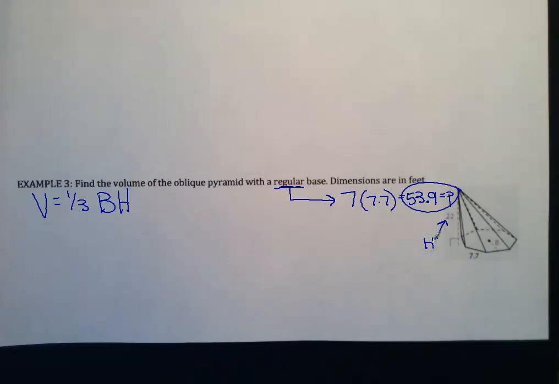But what about the area of our base? That's where we always have to go back to. Base equals 1/2 apothem P. So the area of our base equals 1/2 the apothem times the perimeter, because it's an n-gon. The area of any regular n-gon is 1/2 the apothem times the perimeter.